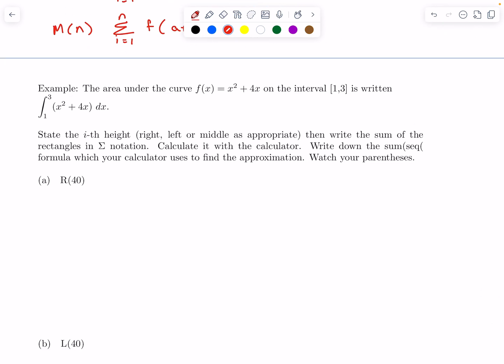So the width is b minus a over n. a is 1, b is 3, so 3 minus 1 over n. So n is 40 in this first thing.